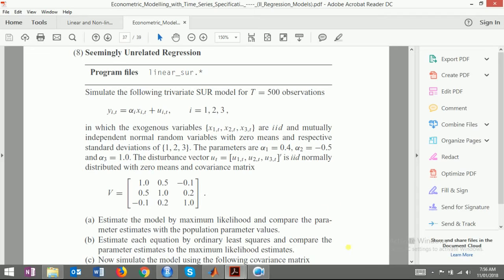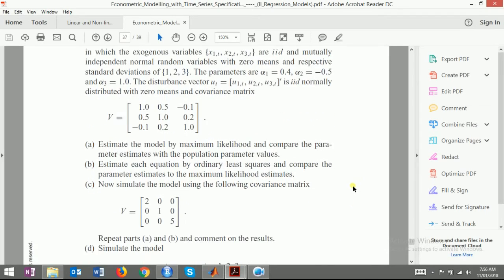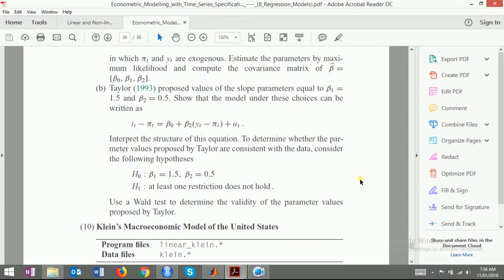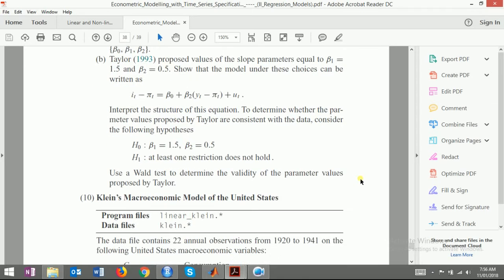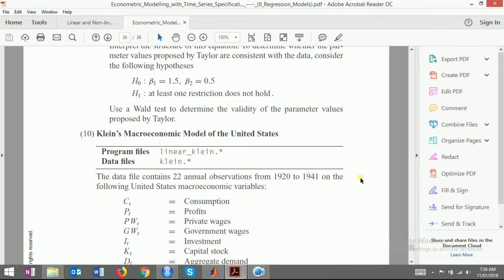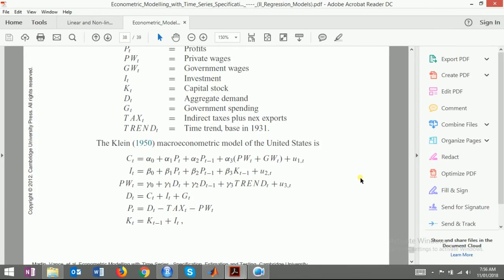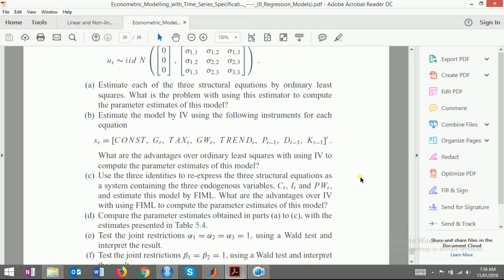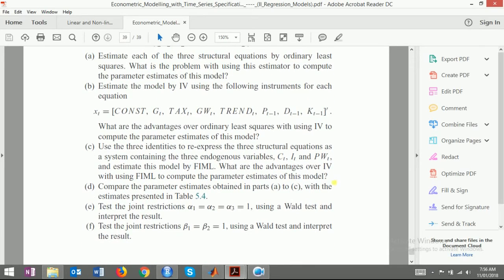Linear Taylor series, and Klein's macroeconomic model of the United States. These we can have a look at, but not right now. Okay.